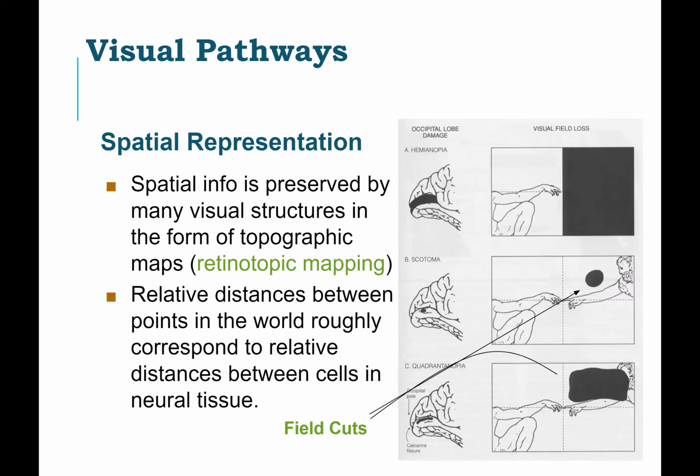So back to retinotopy, I think it makes sense, right? The visual inputs that are close to each other in the world would activate neurons that are close to each other in the brain. That's all it means. That means that if you make a lesion in the brain and you make a lesion next to it, you're going to see cuts in the same areas of the world because they're processing the same areas of the world because they're close to each other.